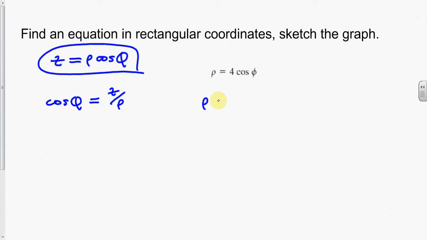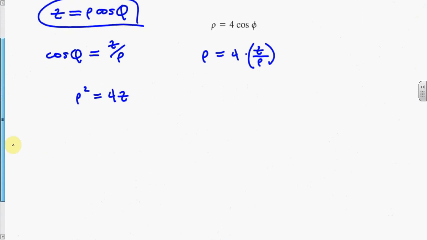Here I get rho is equal to 4 times z over rho. Multiply both sides by rho, so I get rho squared is equal to 4z. So this implies that x squared plus y squared plus z squared is equal to 4z.